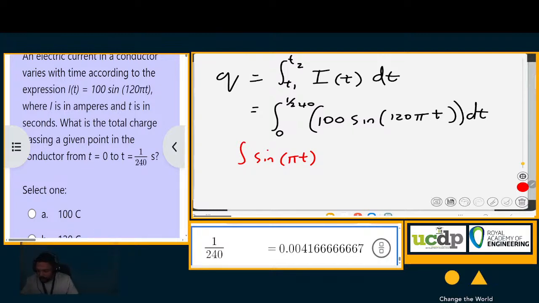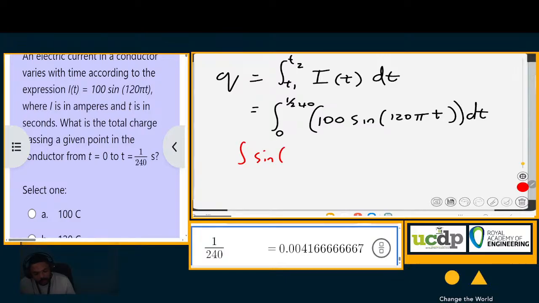The integral of sine pi t, remember 120 pi t is just a constant, 120 pi. Let me just write it in this way so I don't confuse you. This is the general form for an integral.